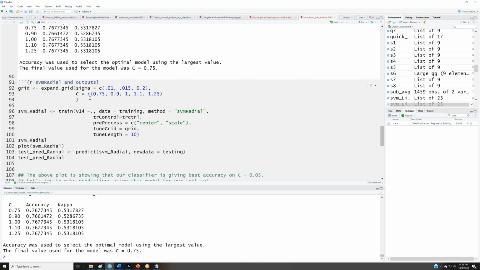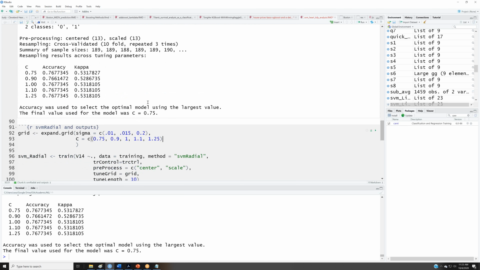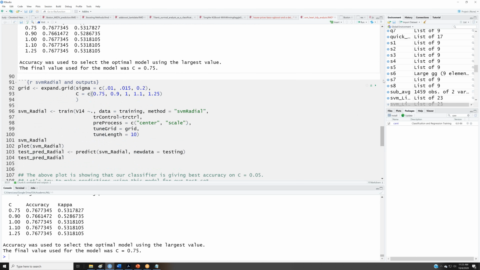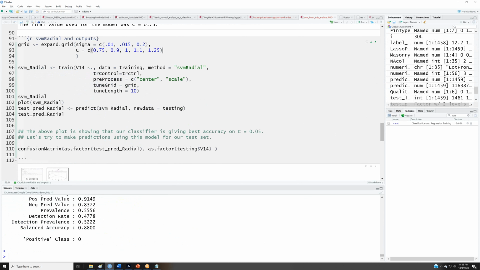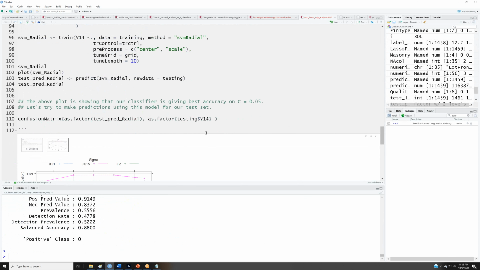Remember that. I don't know why it is taking time. I thought I did everything else. Okay, maybe I should work on it like this. Then it will solve the problem. Okay, it is working, and it will do everything now. It will plot, including the SVM radial for me.